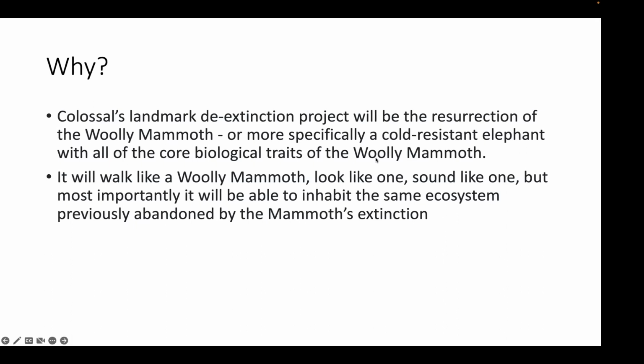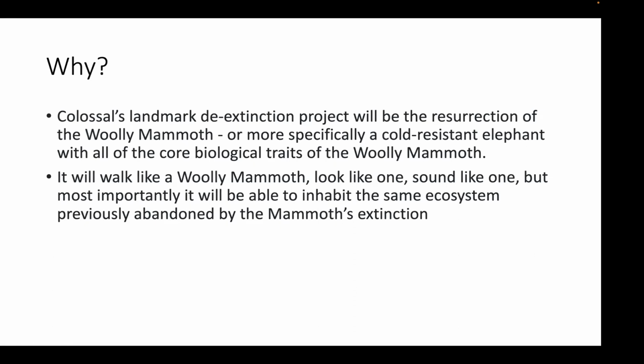No, it doesn't mean it'll be genetically exactly like a woolly mammoth, but it does mean that it will occupy the ecological space of the woolly mammoth. So they're going to try to make a modern elephant that's as similar as possible to the woolly mammoth without using the exact woolly mammoth genome. So it will walk like one, look like one and sound like one, and will be able to occupy the same ecosystem, but it won't be genetically identical to one.